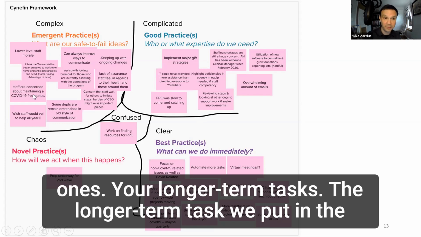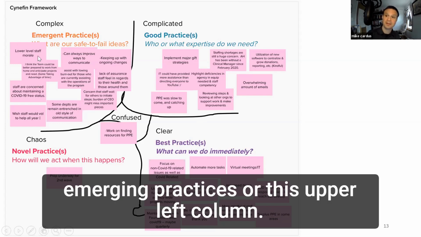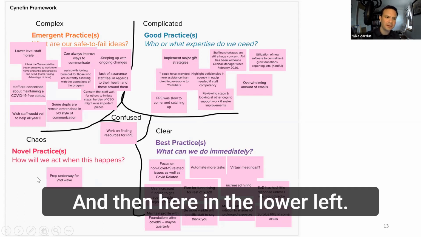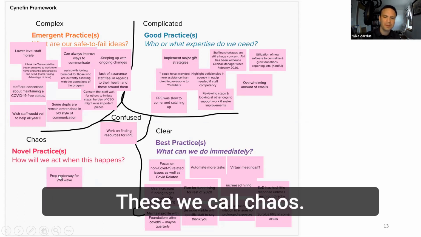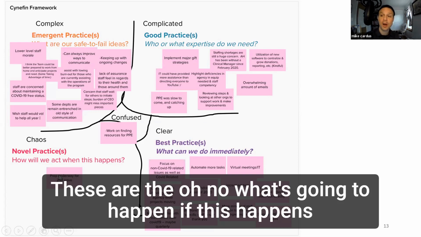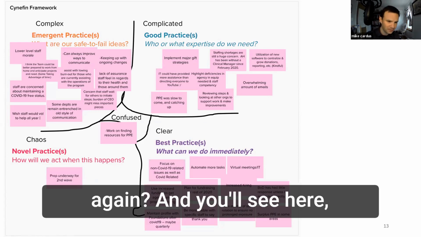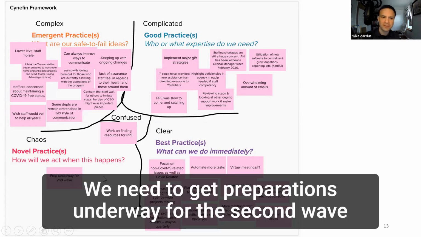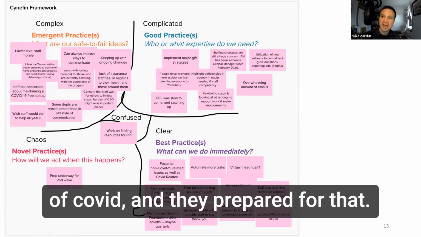Longer term tasks we put in the emergent practices, or this upper left column. Those are challenging ideas. And then here in the lower left, these are what we call chaos. These are the, oh no, what's going to happen if this happens again? And you'll see here, we need to get preparation underway for the second wave of COVID. And they prepared for that.